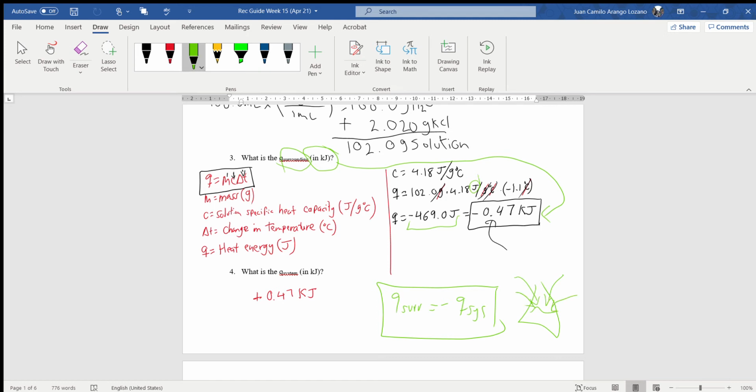That somewhere is the surroundings. So my system is going to be gaining energy, and my surroundings are going to be losing that energy. That's the balance we need to consider according to thermodynamics, okay?